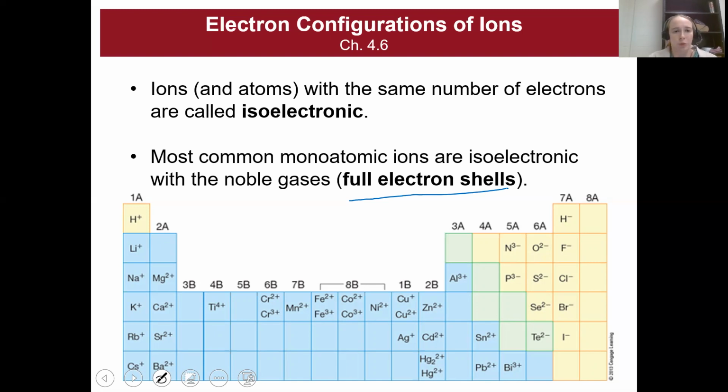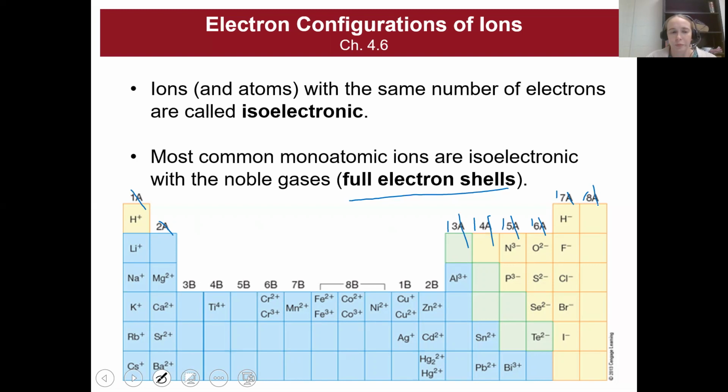So, for example, we can look at our periodic table. This version of the periodic table, I apologize, has the old numbering. So instead of 3A, 4A, 5A, they're 13, 14, 15, 16, 17, 18 is where our noble gases are.